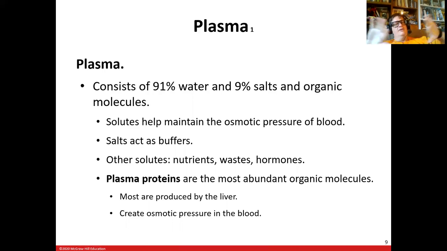So when fluid leaves the capillary, the albumin stays behind, and it gets more and more and more concentrated as we go through the capillary and lose fluid. Eventually, it's so concentrated that the fluid wants to flow back into the capillary to dilute the albumin solution. So, all right, there's the osmotic pressure again.